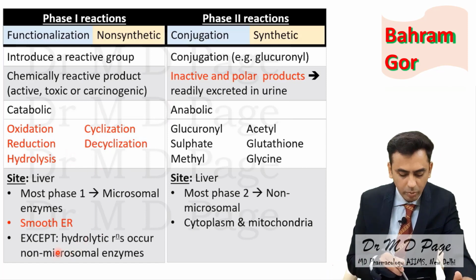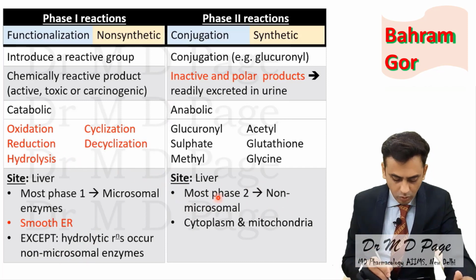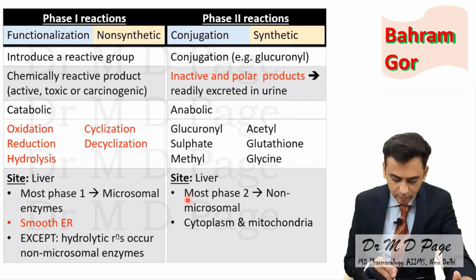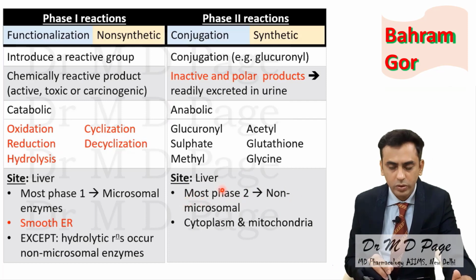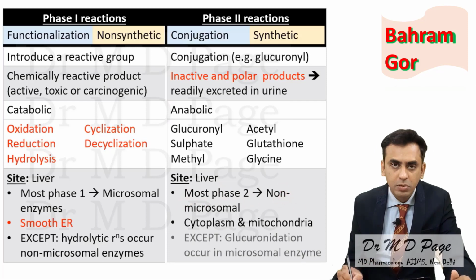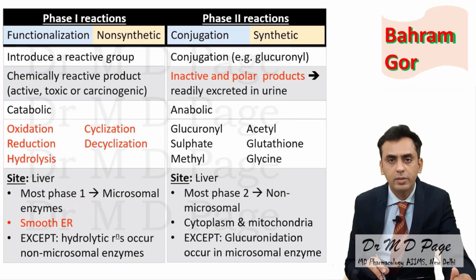Hydrolysis occurs in the non-microsomal fraction, that is cytoplasm and mitochondria. And as I said, most phase 2 is occurring in non-microsomal. There is one exception, and that exception is glucuronide. It happens in the microsomal fraction.